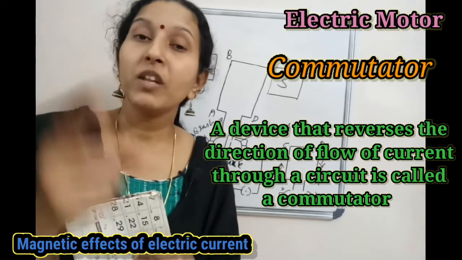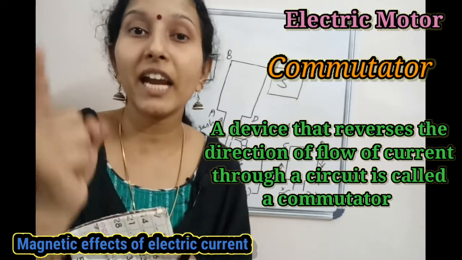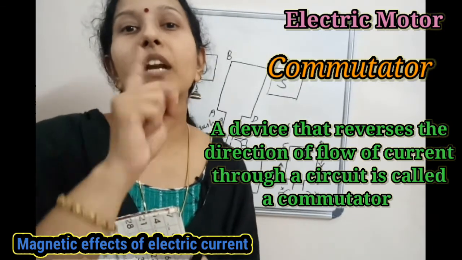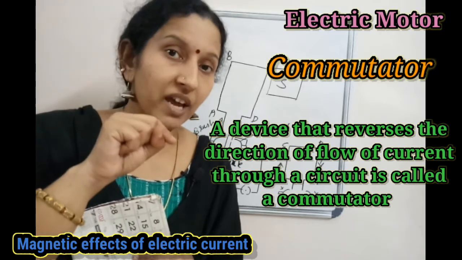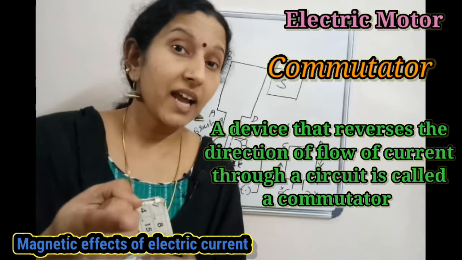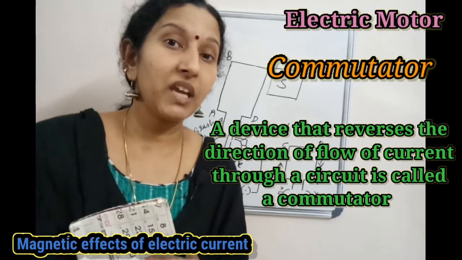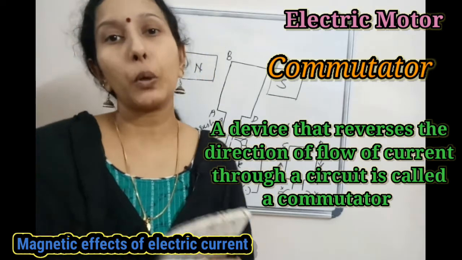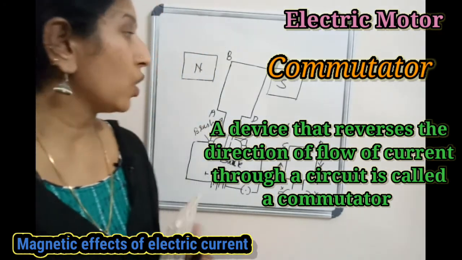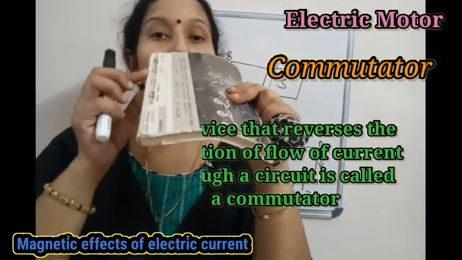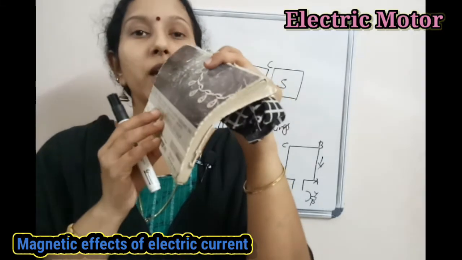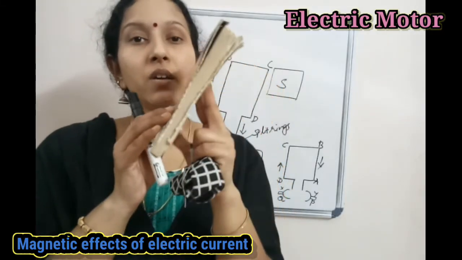So at that time, the brush X is in contact with Q and Y is in contact with P. But earlier, the direction of current was ABCD. At that time, brush X was in contact with P and Y in contact with Q. On the arm AB the force pushes it downward and CD pushes it upward.